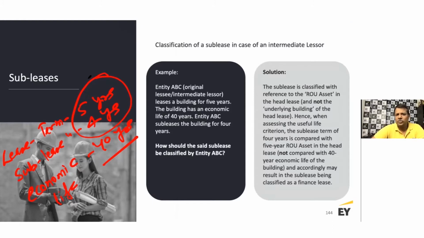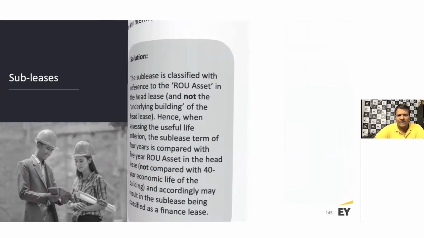Hence, when assessing the useful life criteria, the sublease term of 4 years is compared with 5 years, and accordingly may result in the sublease being classified as a finance lease. When you compare 5 years with 4 years, it looks substantial, more than 75%, almost 80%. So that's why possibly the answer here is that it's a finance lease.